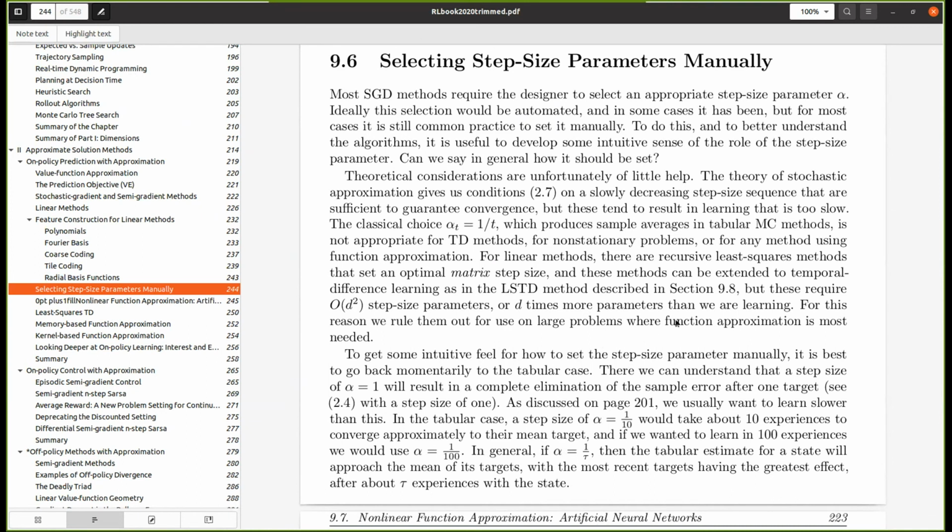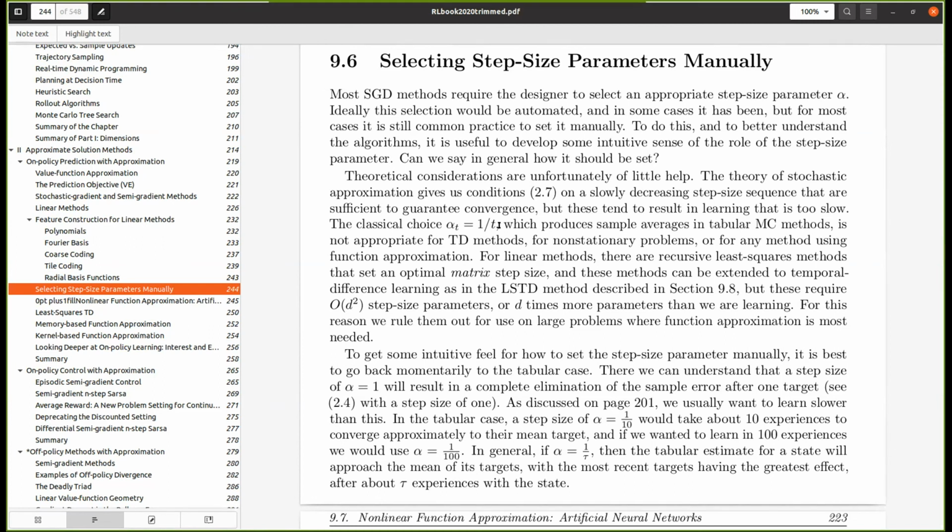Another important topic when doing optimization is the step size parameter, our learning rate. For all these algorithms to work well, we need to set the step size appropriately.